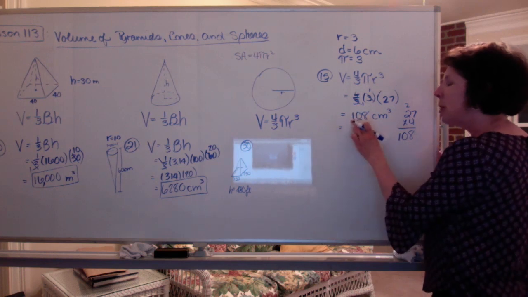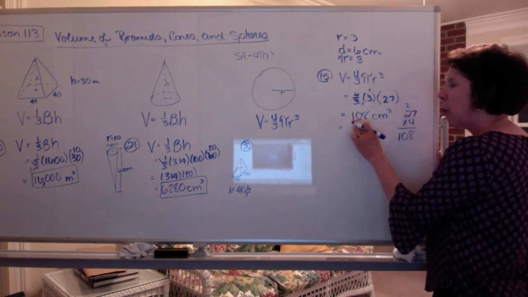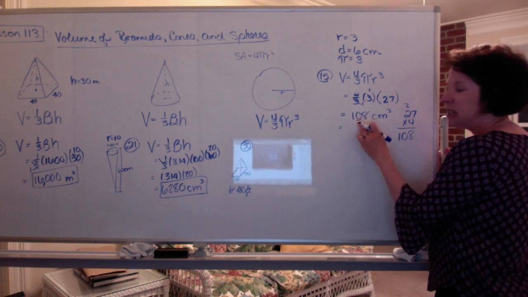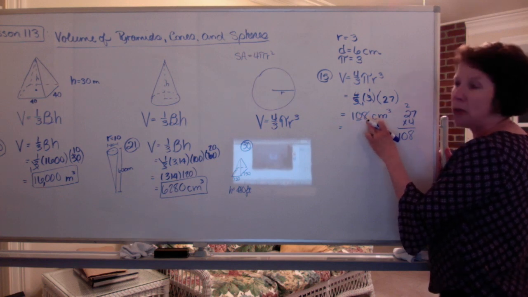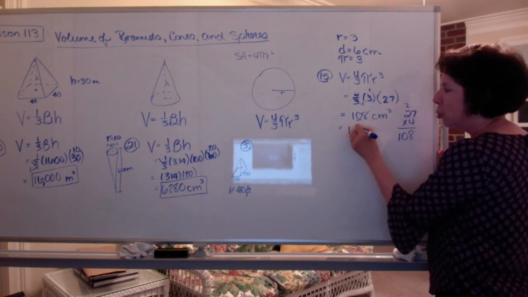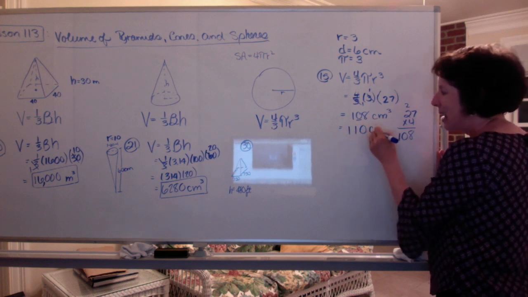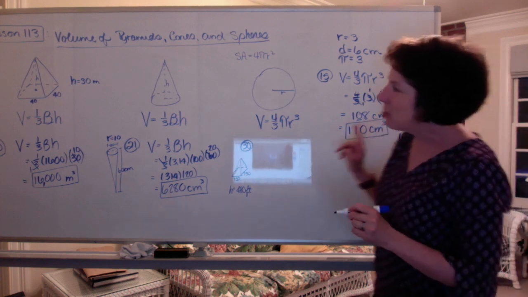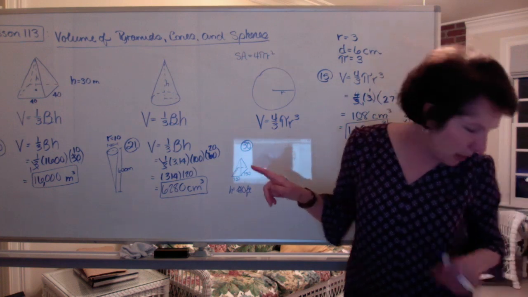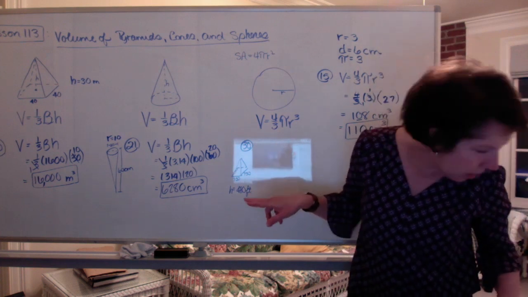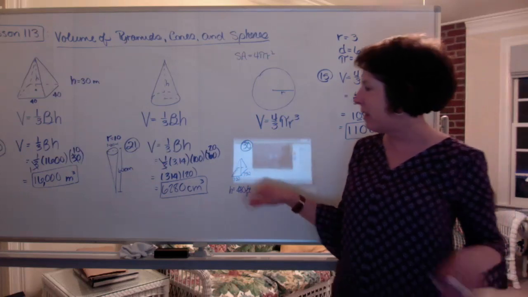So it's either going to be 100 or 110. The tens place is going to stay a 0 or go up to a 1. Well, the next digit's an 8, so I'm going to round up, and it's going to round to 110 cubic centimeters. All right. Now, just to make sure, let me check number 20 and 21. Those are okay. We did not have to round those to anything special.